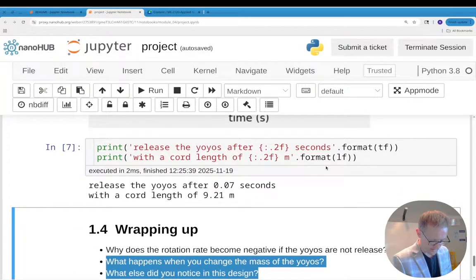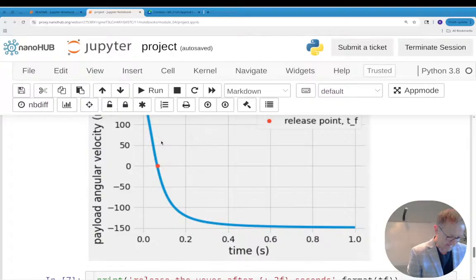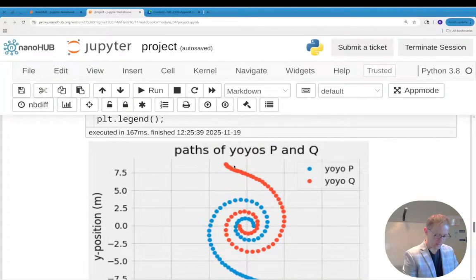So there's a couple of ways. Some people were noticing this time is changing, or the path, like how those are changing, the direction that the yo-yos leave. The payload is different.